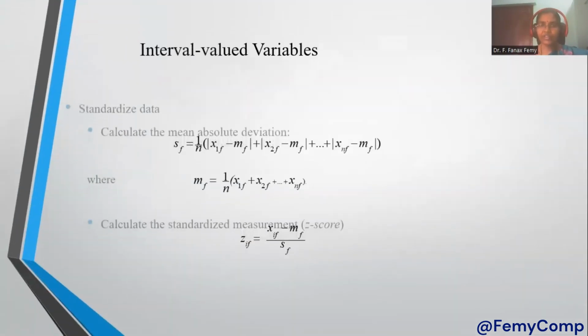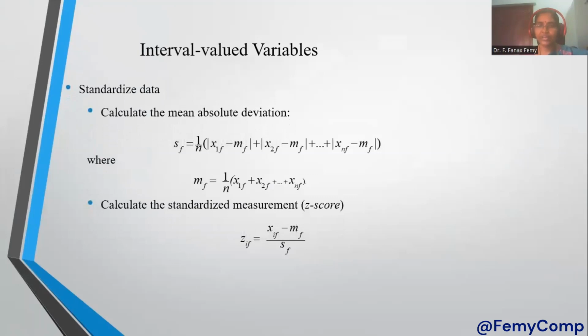There are different formulas to find the distance between the objects. First, we have to find the standardized data. The absolute deviation is the formula for finding the deviation, that is the z-score. Using this formula, we apply the values for these variables, then we can calculate the deviation and z-score.